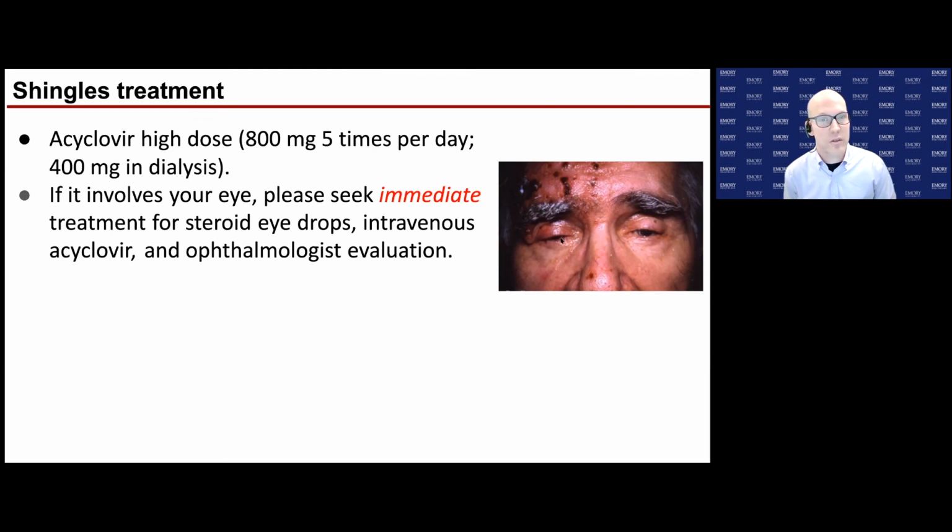This is a big issue, and you really want some expert involvement because you don't want to have this cause visual loss of your eye, which is possible. So any rash in and around your eye, you want to seek immediate attention with expert evaluation with ophthalmology, getting potentially steroid eye drops and intravenous acyclovir to be sure that it doesn't cause any troubles with your vision.